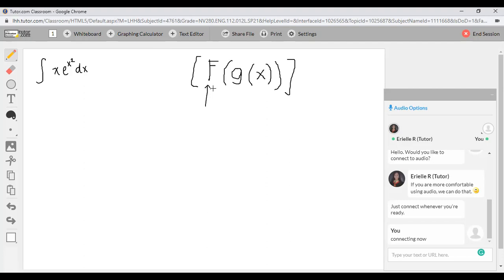So let's say f of g of x is the original function. So we are not at the point where we integrate. We differentiate first, because we know differentiation and integration are opposite, or inverse, processes of each other. So before we integrate, we need to see how it looks when we differentiate.